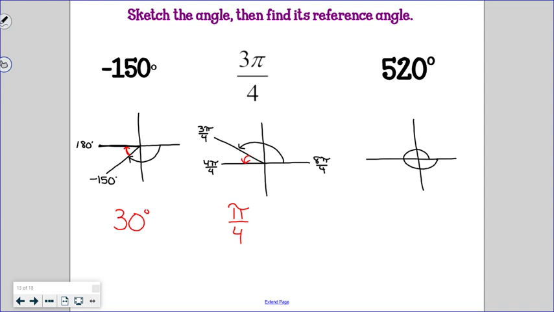If I were to go 90 degrees more, that would be 450. 90 degrees more would be 540. Well, I'm only supposed to go to 520. Okay, this is an easy one. How far are we then from our closest x-axis? 20 degrees.